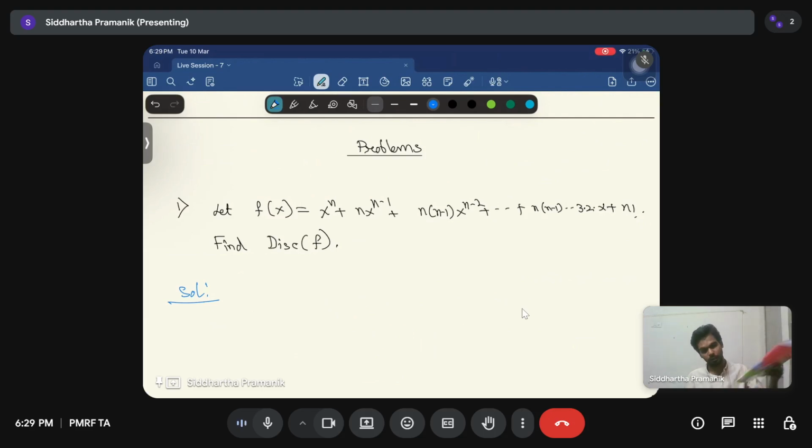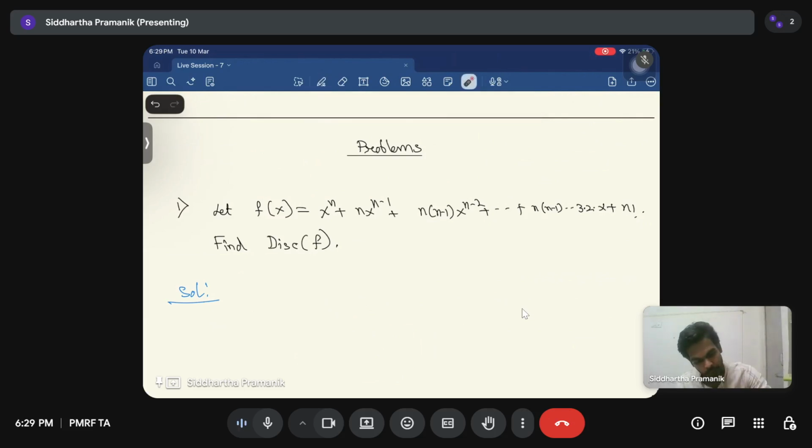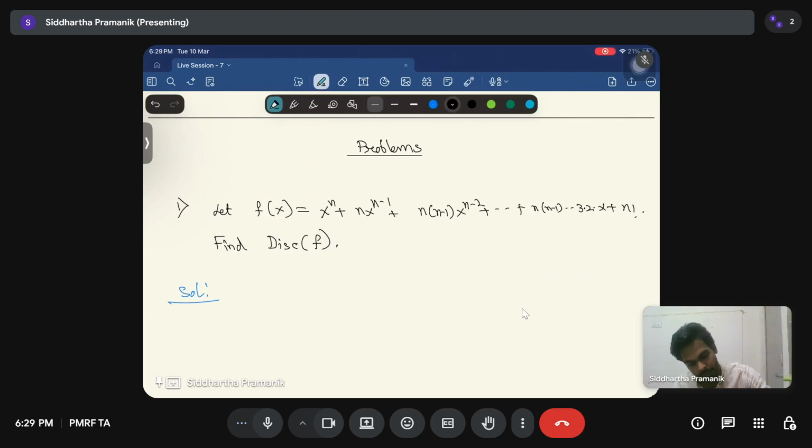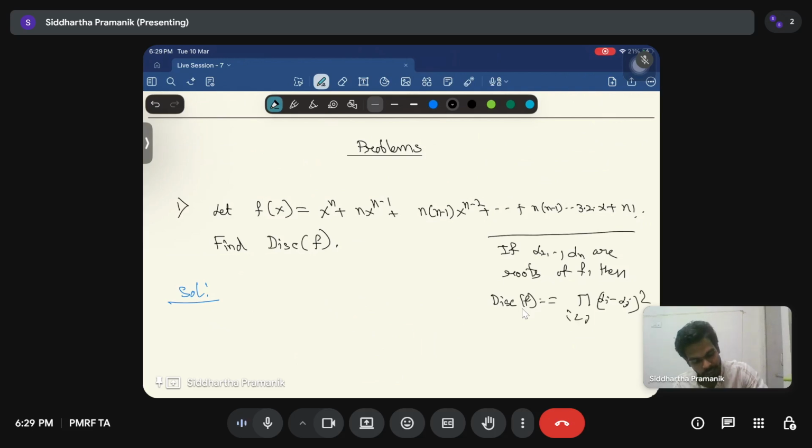If alpha 1 up to alpha n are roots of f, then by definition, the discriminant of f is the product of (alpha i minus alpha j) squared, where i is less than j.